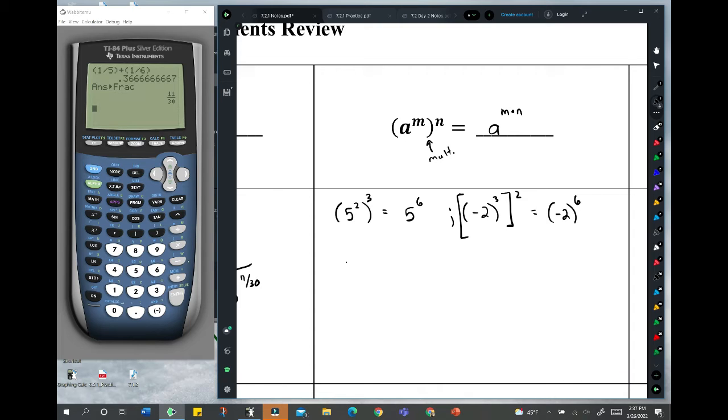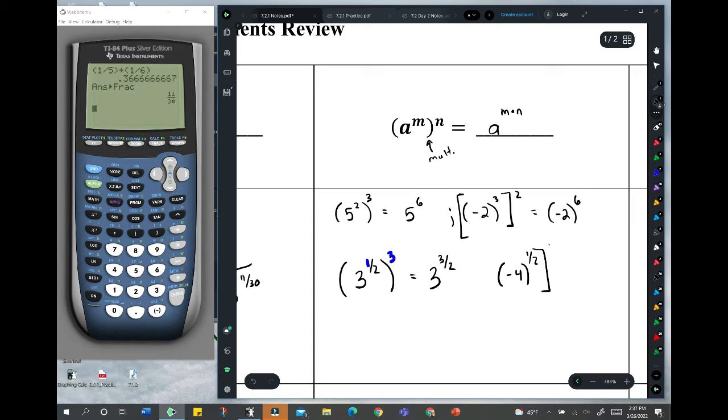Okay? For fractions, for today's stuff, basically, if we have 3 to the 1/2, and we raise that to something like the third, when you multiply fractions, remember it's just the numerator times the numerator, essentially, and this would be 3 to the 3/2. Similarly, if we had negative 4 to the 1/2, all to the fifth, that would be quantity negative 4, all to the 5/2.